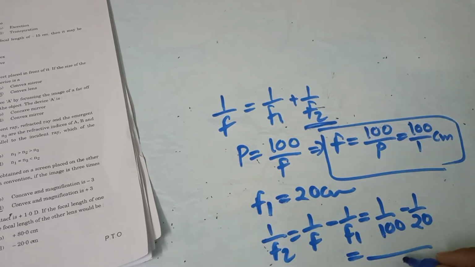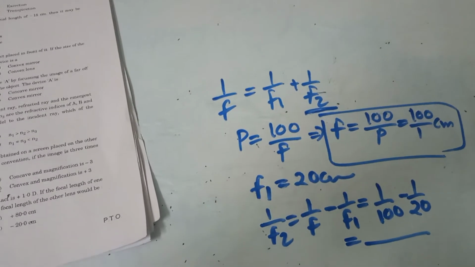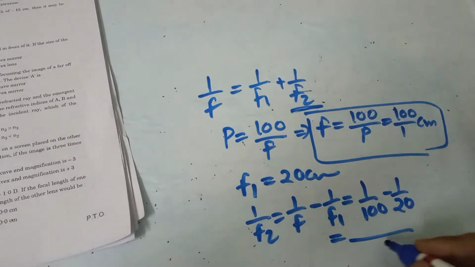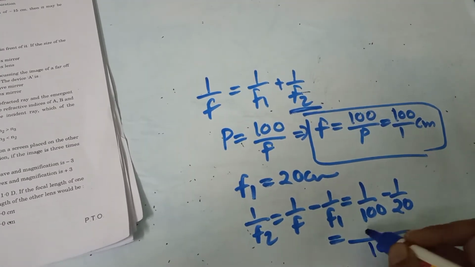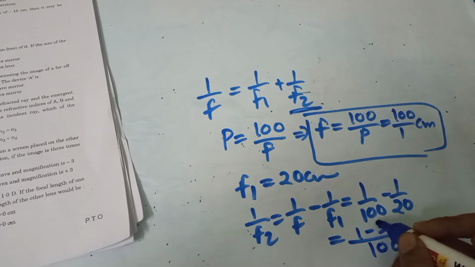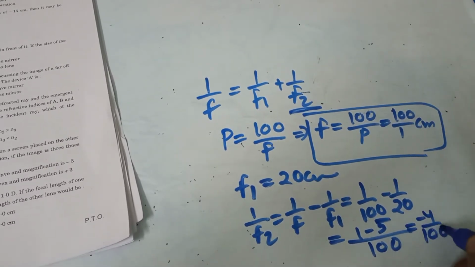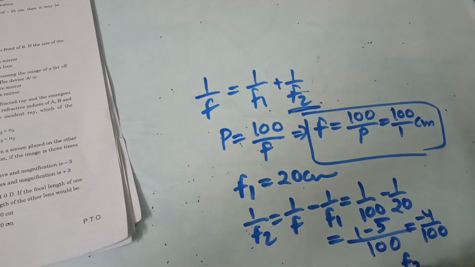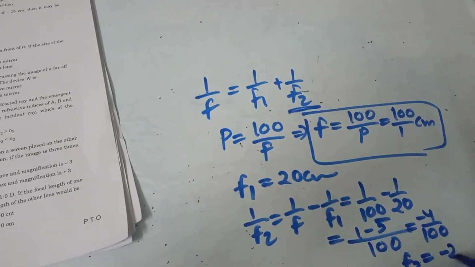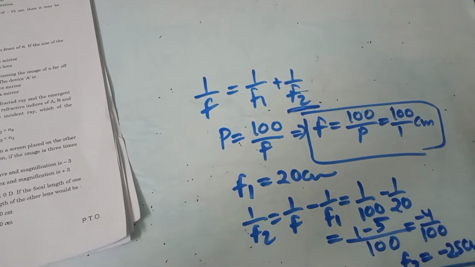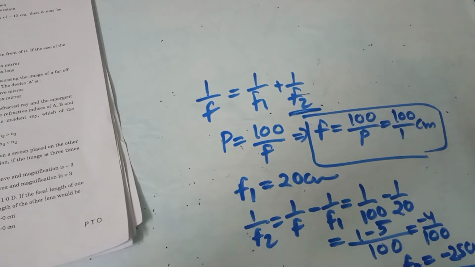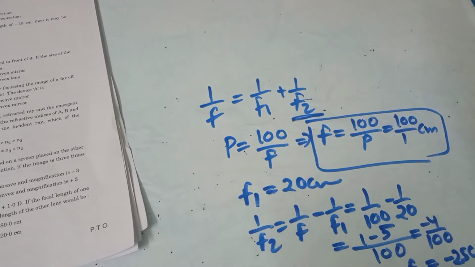LCM is 100. 1 minus 5 is equal to minus 5 by 100. So F2 is equal to minus 25 centimeter. So C is the right answer.